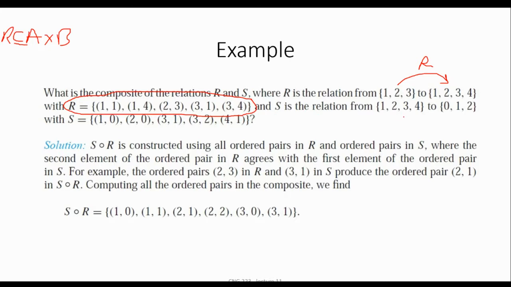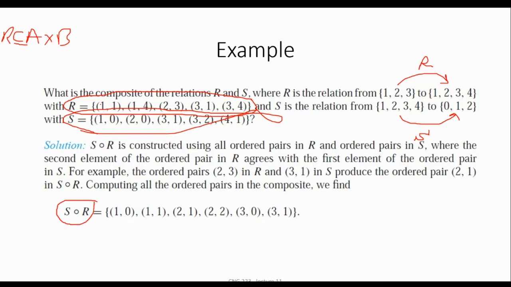And S is the relation from this one to this one, and we define S like this. Now, S∘R is constructed using all ordered pairs in R and ordered pairs in S, where the second element of the ordered pair in R agrees with the first element of the ordered pair in S. So, when I say S∘R, this is the part that we should be careful about.